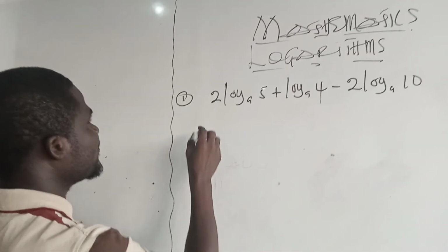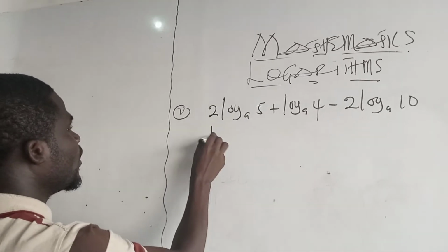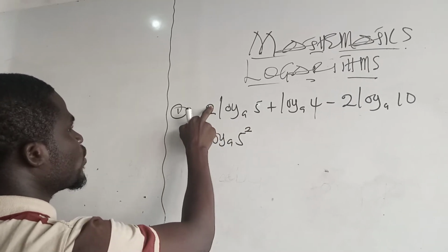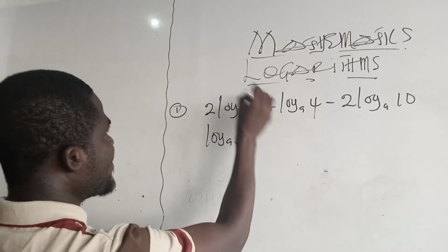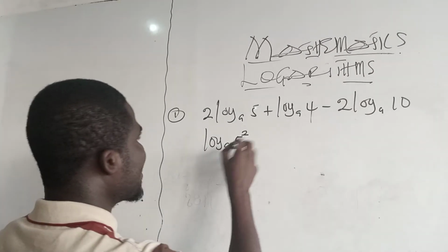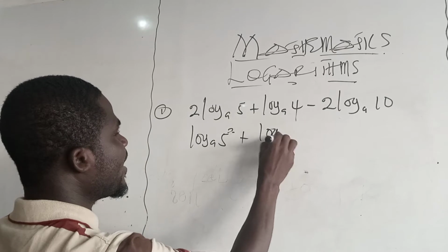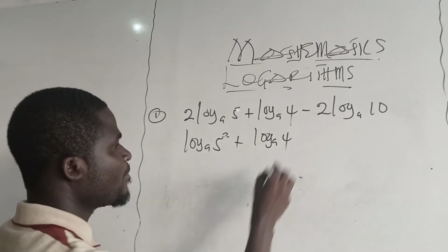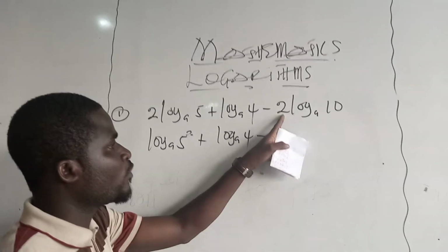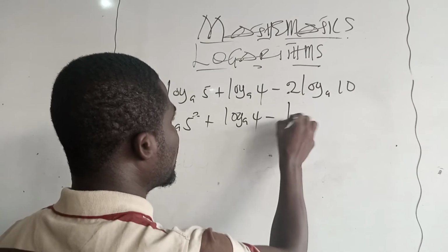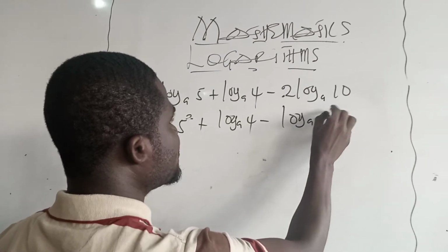So we are going to have log a 5 exponent 2. This 2 is coming back to the 5. That's why we had 5 exponent 2 plus log a 4 minus, now this 2 belongs to the 10. So we are going to have log a 10 exponent 2.